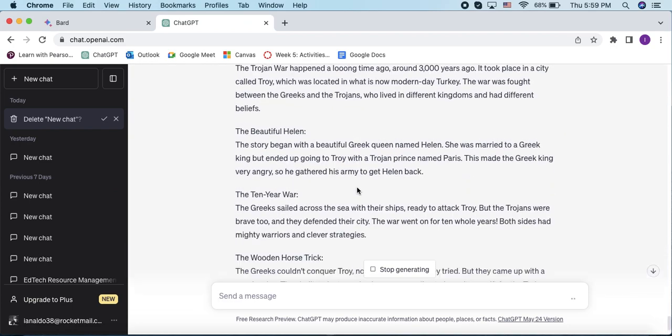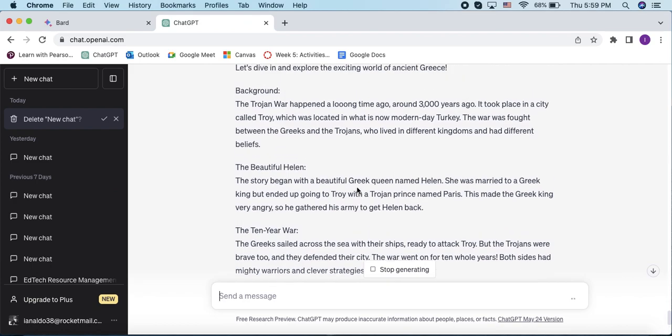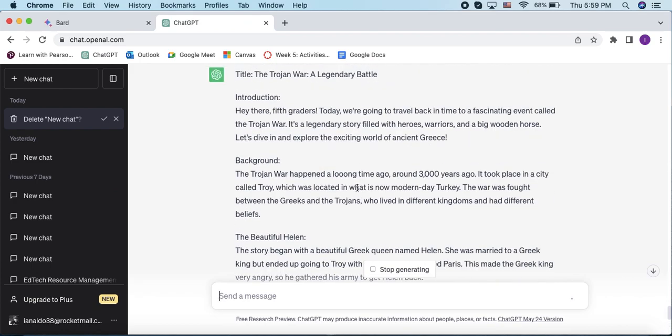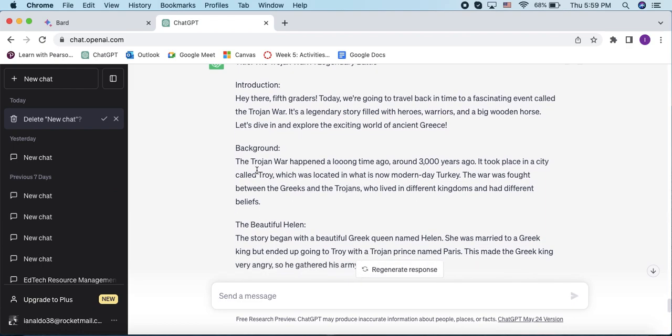And you see, this is very simple because the intended readers here are fifth graders, right? So instead of giving a lot of vague, very specific information about how difficult it is to date the archaeological evidence that we have for the Trojan War, it'll just say it happened a long time ago, maybe around 3,000 years ago.